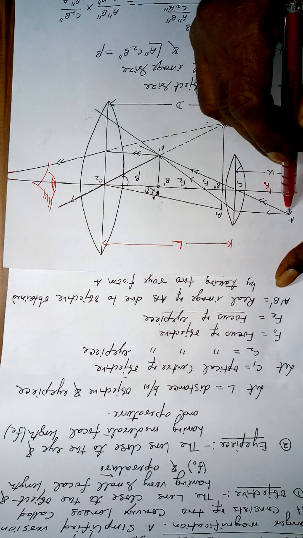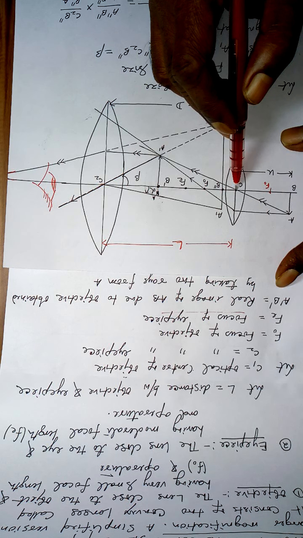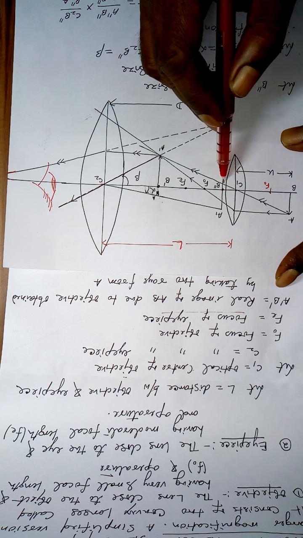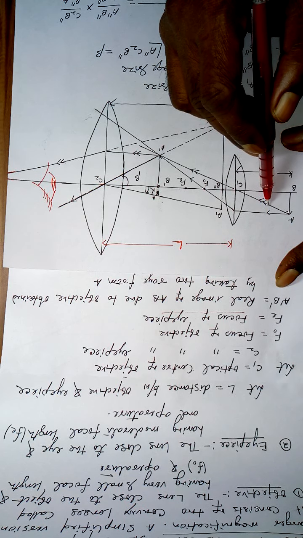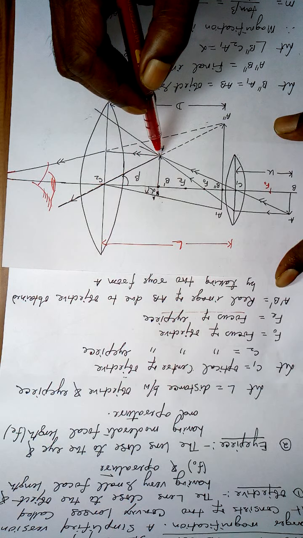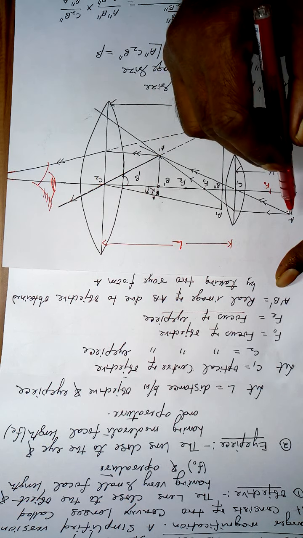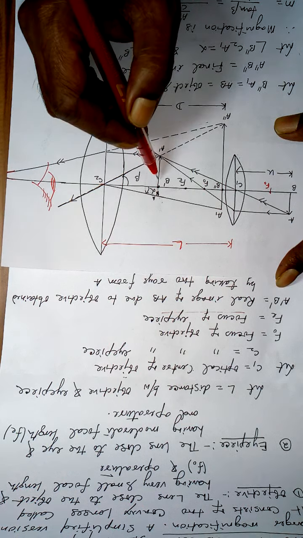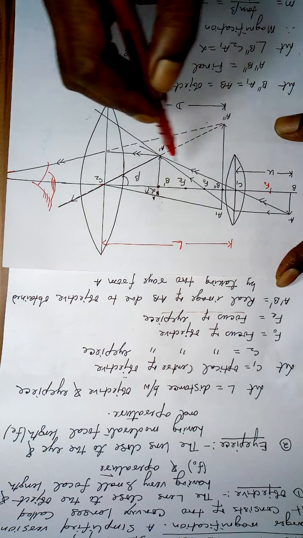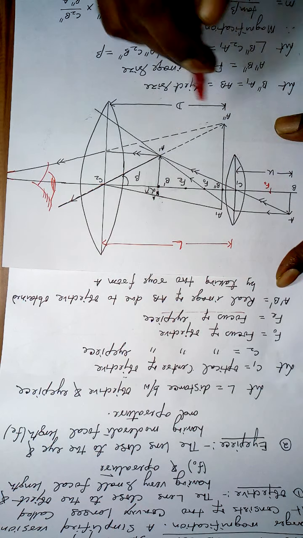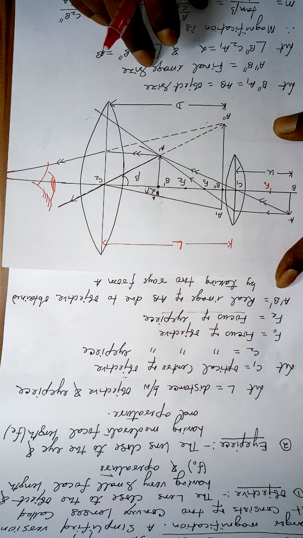The second ray, going through the optical center C1, goes undeviated. Both these rays, after refraction, meet here. So A dash is the image of A, this point is B dash, and A dash B dash is the real image of AB.